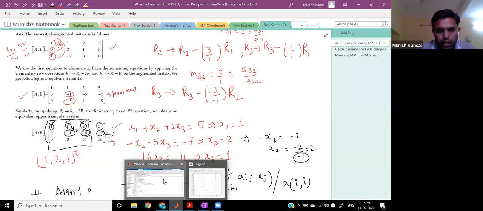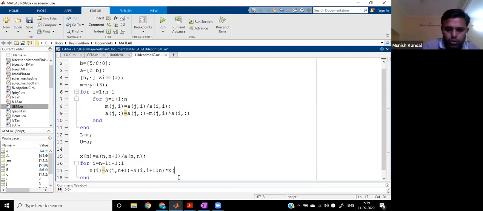I'm just writing that into the command window: i plus 1 up to n. There I have to put comma 1 because this is a column vector, right? So now this is my numerator, so let me put this in brackets, divided by a of i comma i, right?